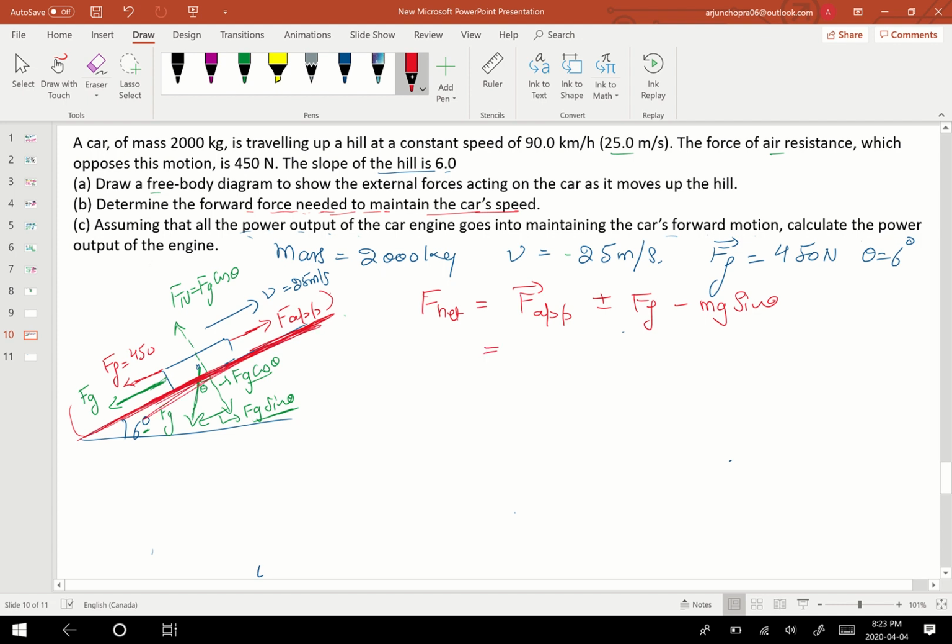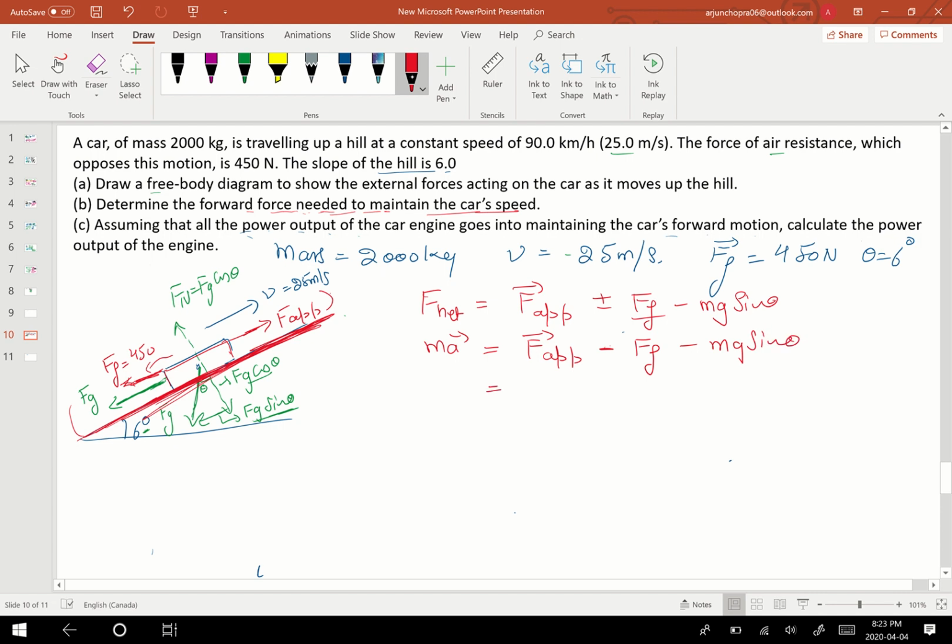So F net is equal to ma, and F applied is what I wanted to find out. And then this force due to friction is acting in the opposite direction, towards the left side of the car. So this is negative force of friction, and minus mg sine theta, which is also acting on the left-hand side.